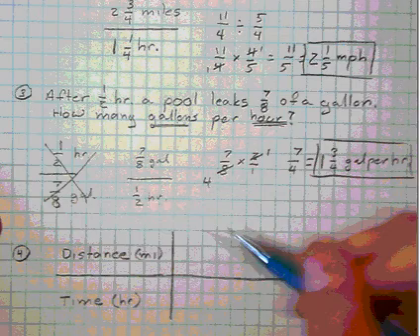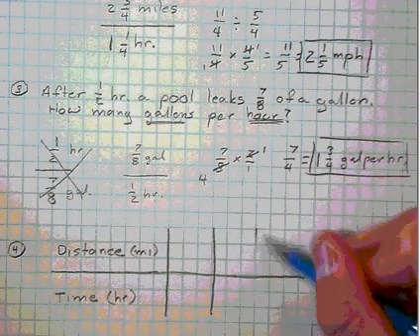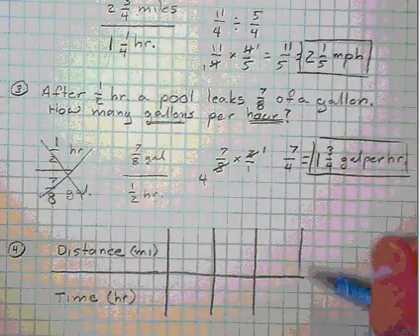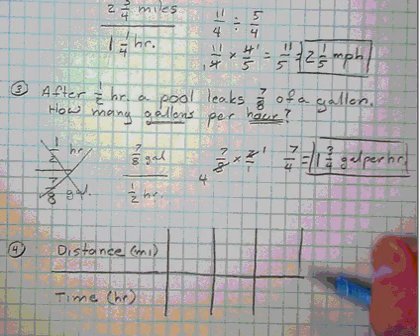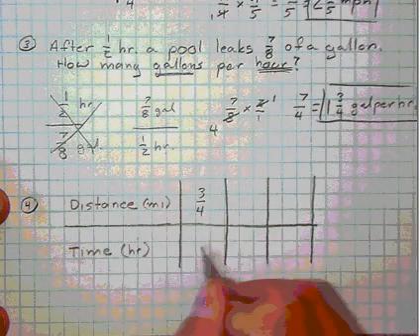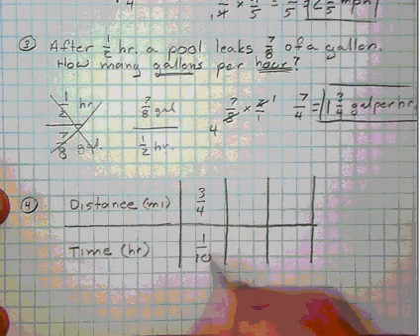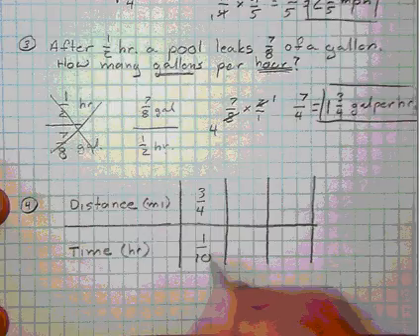We'll make a chart here. So in this chart, I'm going to fill in some information but leave some of it blank. And we have to find the missing pieces.